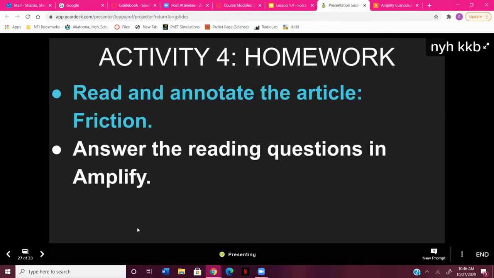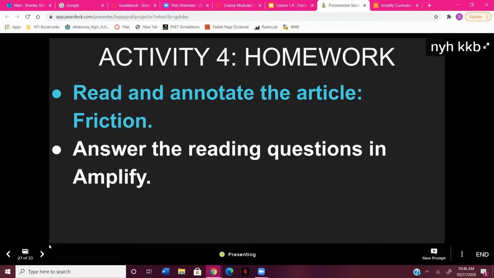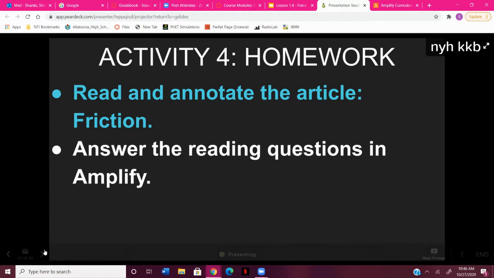All right, so one of the last things that you guys will do is read and annotate the article about friction. All right, you got a few questions, I think, after the reading. Before we get to that, I want to kind of go over the other thing that you need to do and the thing that we did on Friday that a lot of you guys did not show up on Friday.